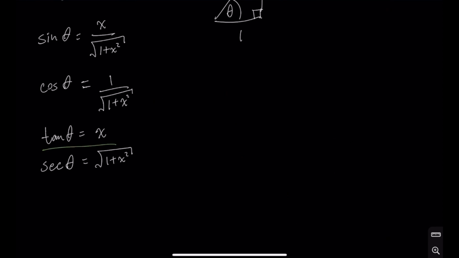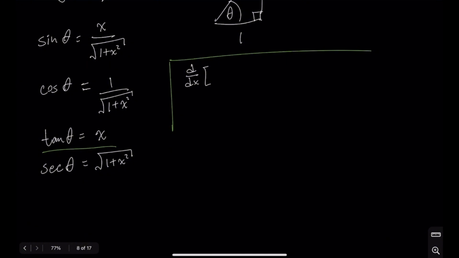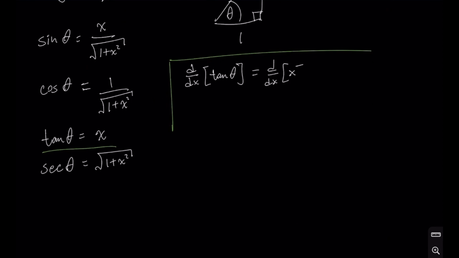And so knowing this, we differentiate both sides with respect to the variable that you're integrating with respect to. So for us, it'll be d/dx, but you can do d/dt or whatever you need. And I'll have tangent theta on the inside. And that'll be equal to the derivative with respect to x of x.